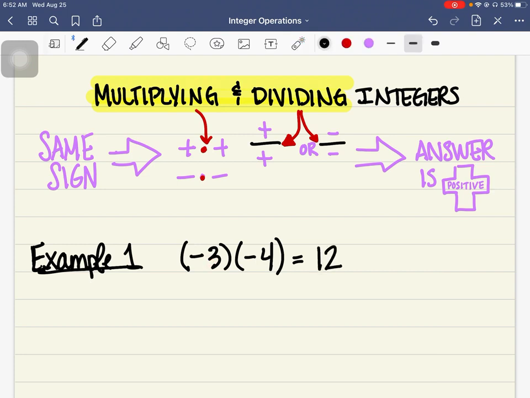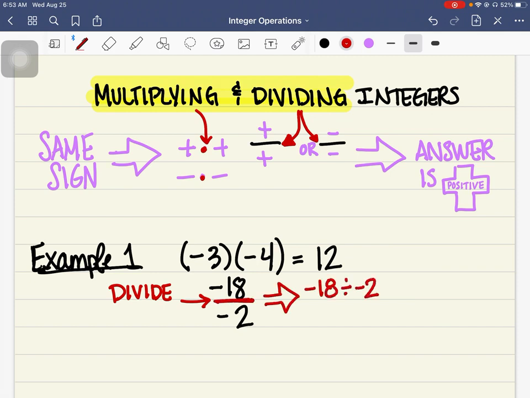All right. If we have, say, -18 divided by -2, remember this means divide. You may be used to seeing it this way, -18 divided by -2.